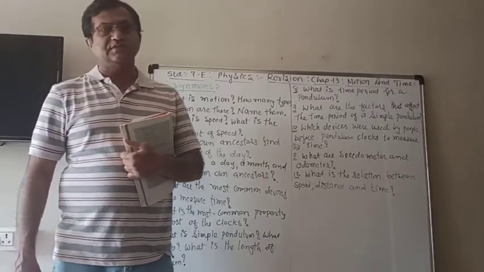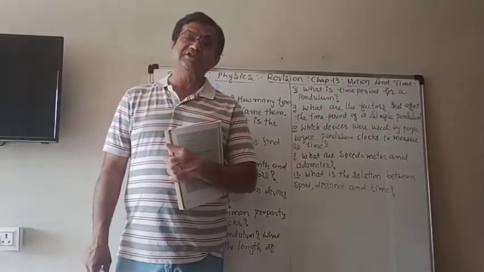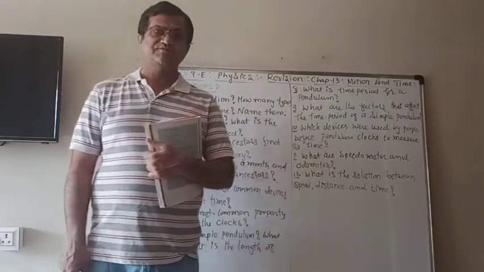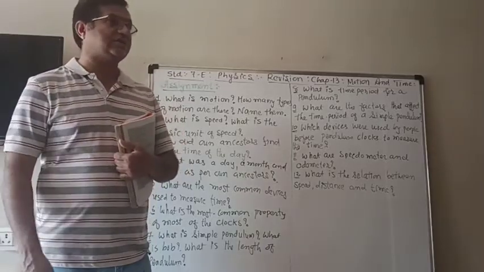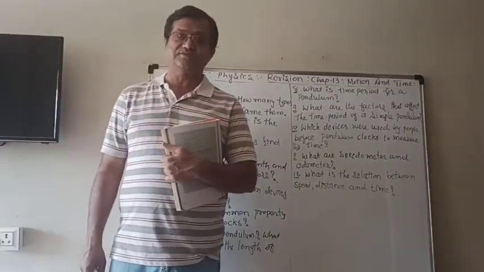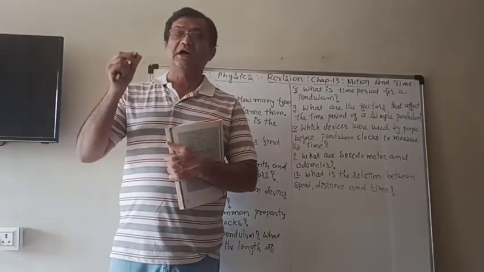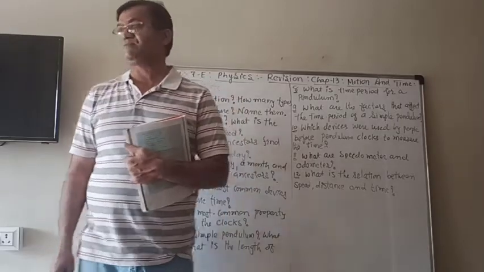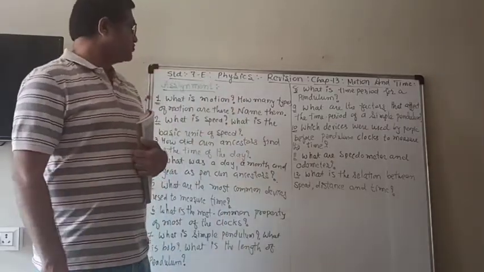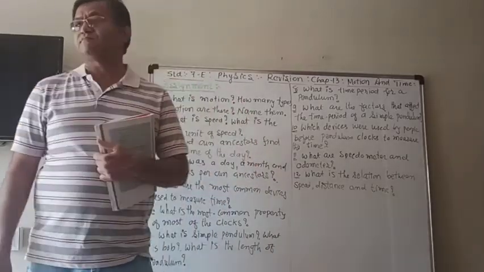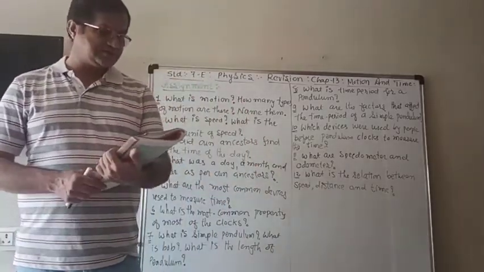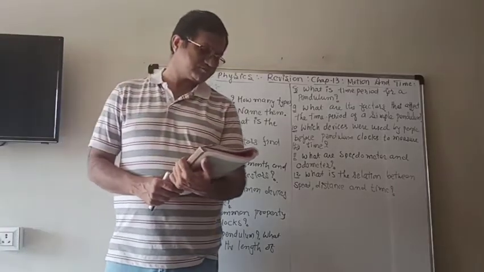But if it is not changing its space or the location, then we can say that that object is at rest, or it is a stationary object. So when an object is moving, then we can say that it is in motion.